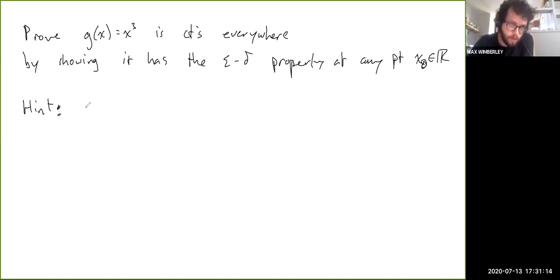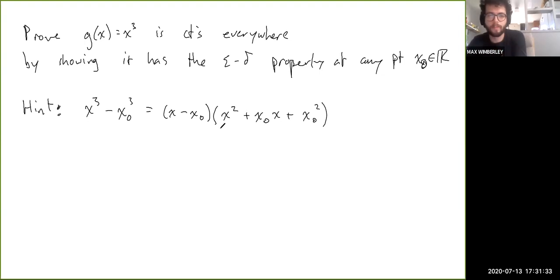So x cubed minus x naught cubed is equal to x minus x naught times x squared plus x naught x plus x naught squared.